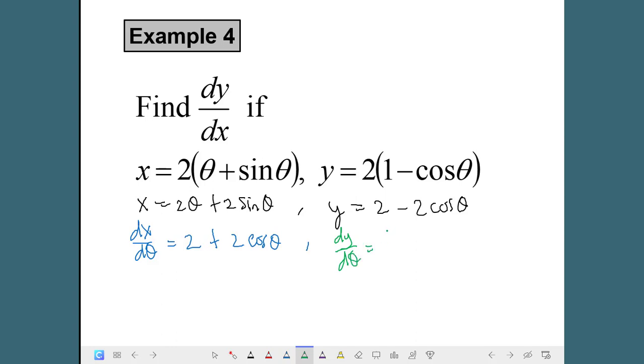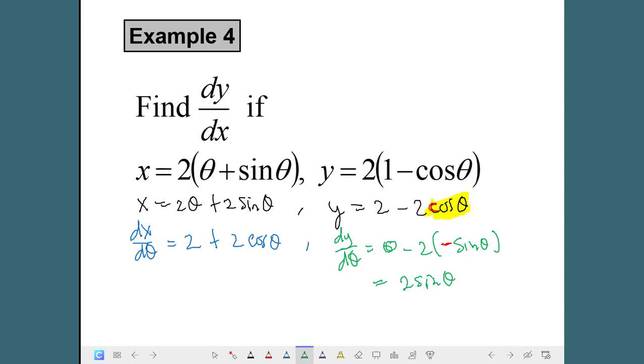Differentiate the constant, 0, and differentiate cos. Cos is negative sine theta, and then this is 0. So negative, so 2 sine theta.